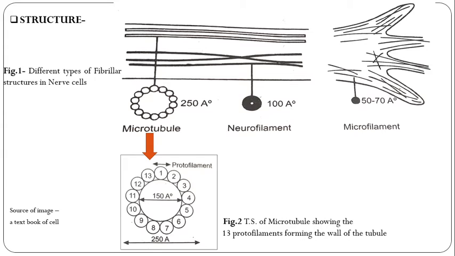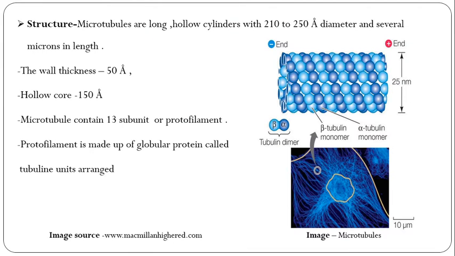Next are the neurofilaments, dark in color, and the small-diameter fragments are the microfilaments. The microfilaments have a small diameter, and the microtubules have the large diameter. Got it? Then next, the structure.